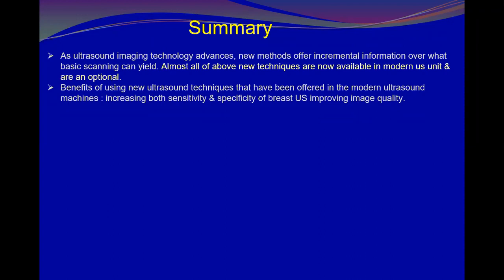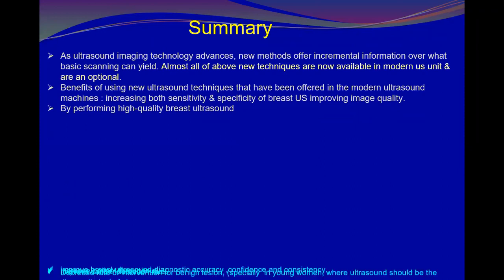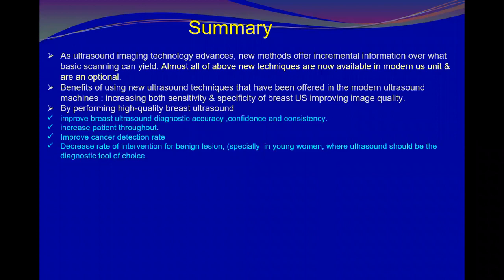Definitely increasing sensitivity as well as specificity of breast ultrasound, and improving the image quality. So by performing high quality breast ultrasound, definitely we will improve breast ultrasound diagnostic accuracy, confidence, and consistency.